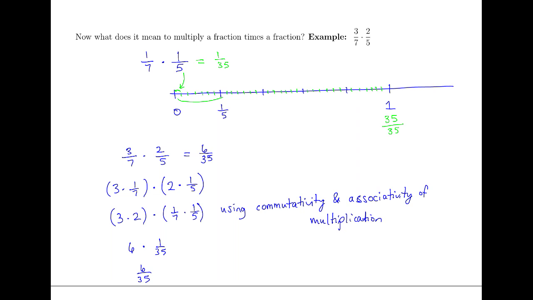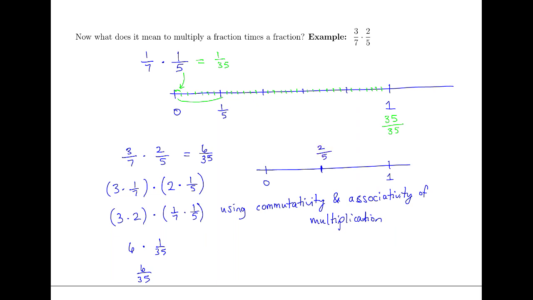If I want to think about this as 3/7 of 2/5 or 2/5 of 3/7, just a really rough estimate, I know that 2/5 is a little bit less than a half, so 2/5 would be something like, I don't know, here-ish.